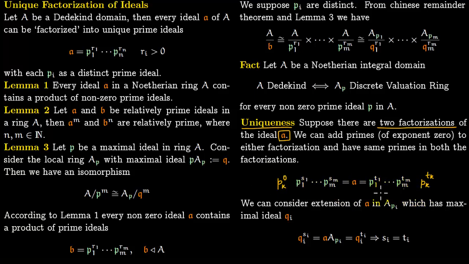Now you take this A and consider its extension in this ring API, which has maximal ideal QI, which is nothing but PI API. We have seen that this is a DVR. If you extend it in this, it will be of this form: QI to the power SI, where QI is the maximal ideal of our DVR.